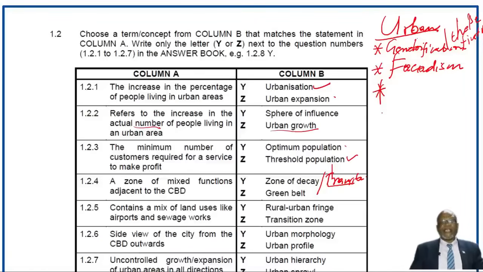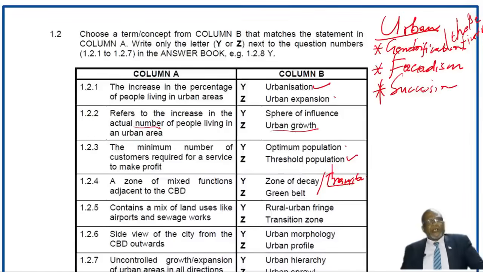And then the last one is what we call succession and invasion. So what's happening here? I own a house. I sell the house to somebody. The person who comes into my house doesn't want to use it as a residence. What does he do? He turns it into a surgery. He's going to be working there as a doctor.